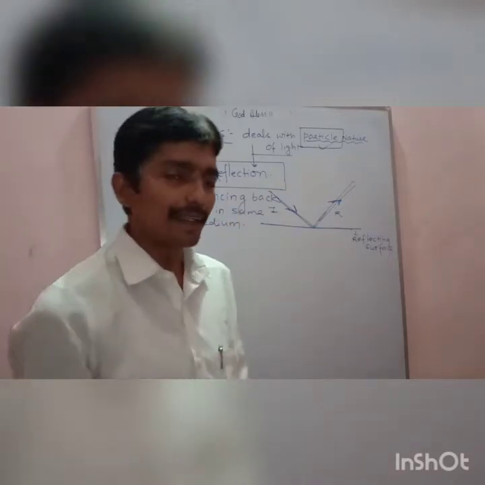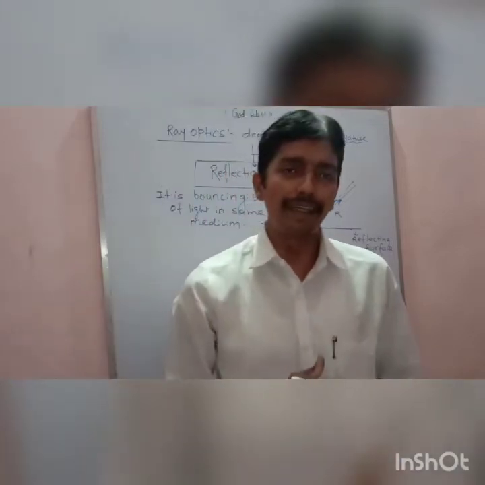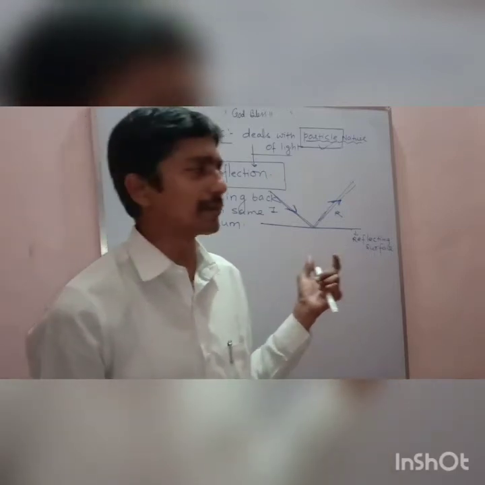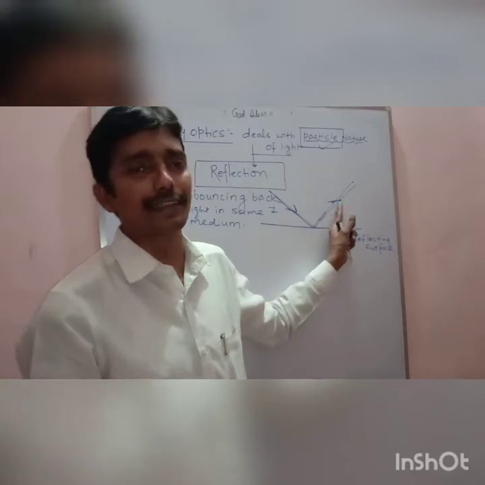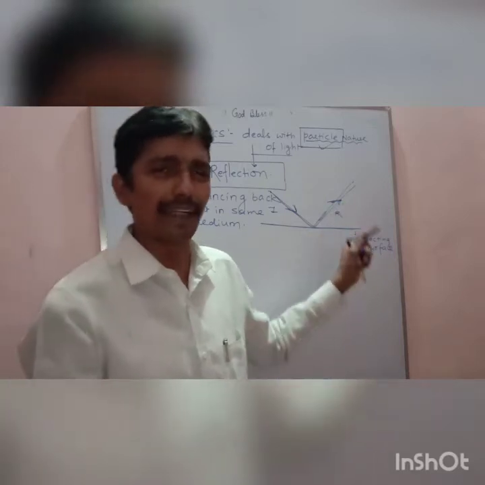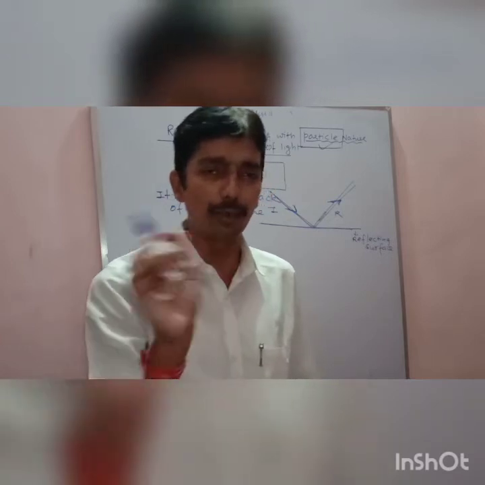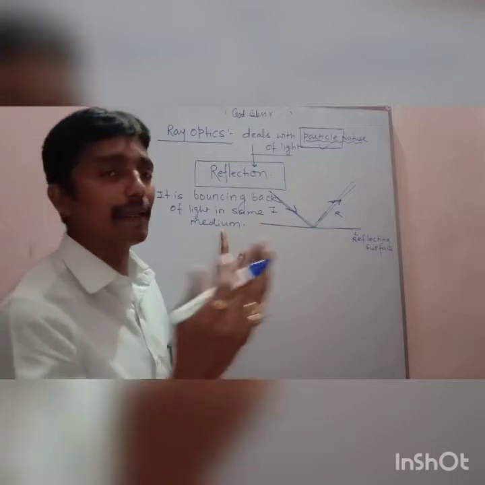And when I talk about reflection, you know from the beginning the definition: it is bouncing back of the light in the same medium. Some of the books say the light travels in the opposite direction in the same medium after reflection. But instead of saying opposite direction, you say that it is a bouncing back, a very sweet line. It is a bouncing back of light in the same medium.